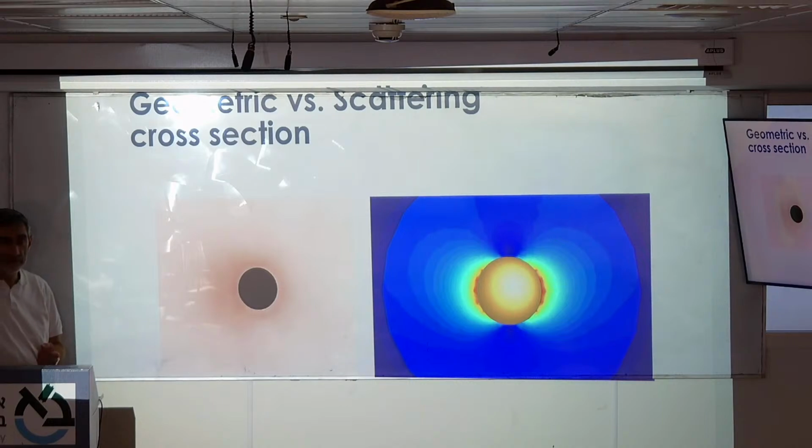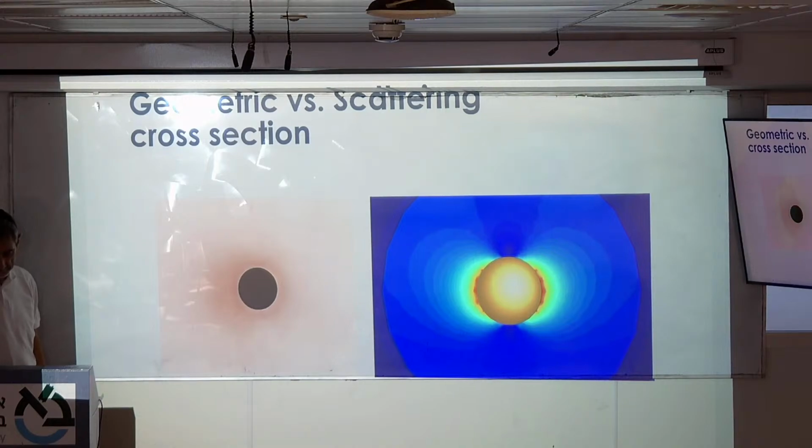Even an atom, as small as it can be, if its transitions are in resonance with the incident wave, can have a cross section which is much larger than its size. So the radiation can be stronger than the simple area occupied by the object.